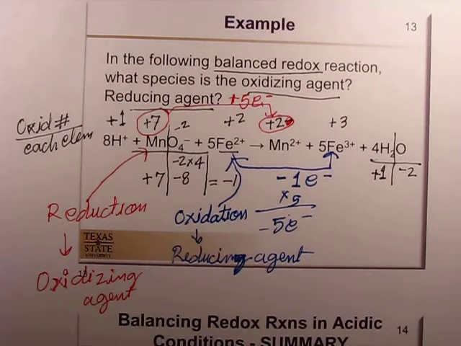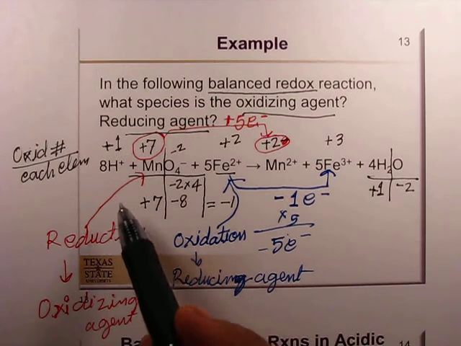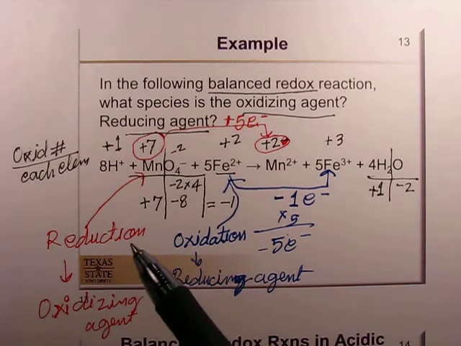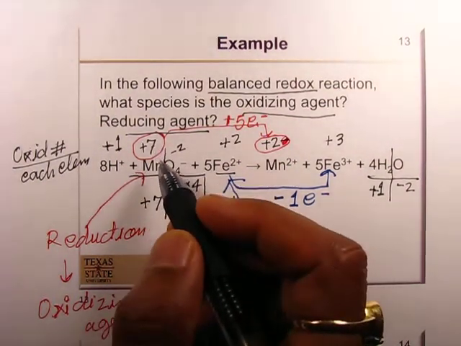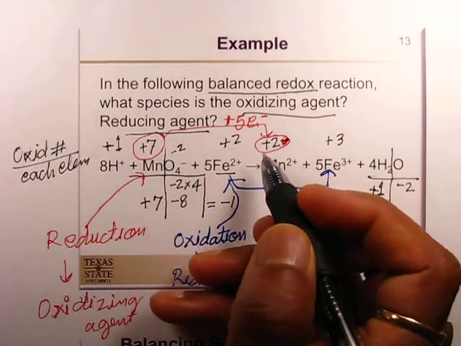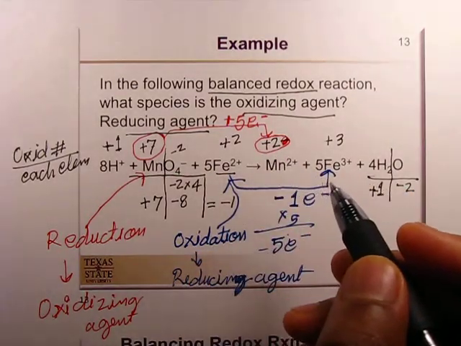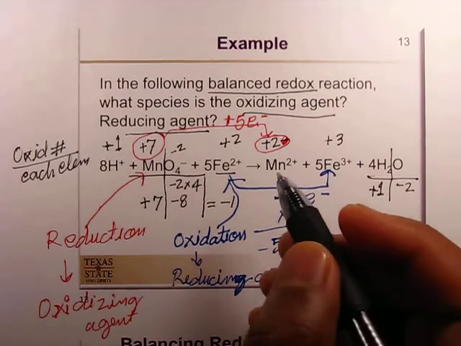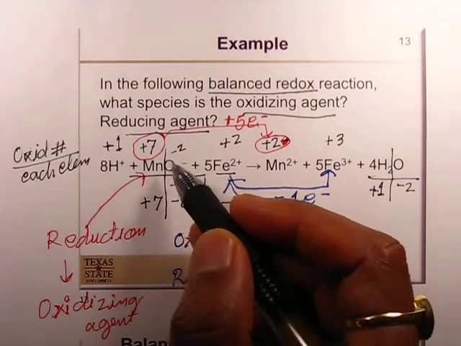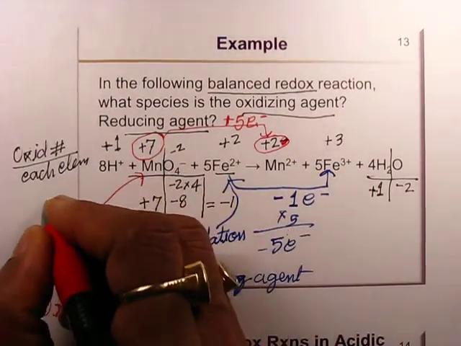So this is one example showing how you can utilize the oxidation number to assign each element and figure out where the oxidation number is decreasing. If the oxidation number is decreasing, it means it is gaining electrons, and gain of electrons means reduction.